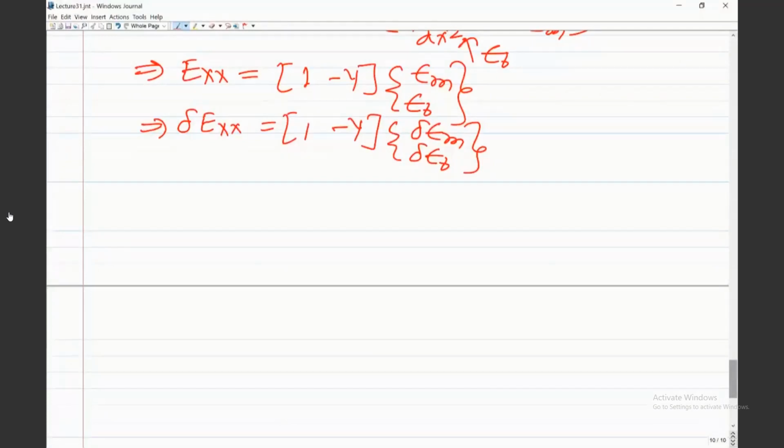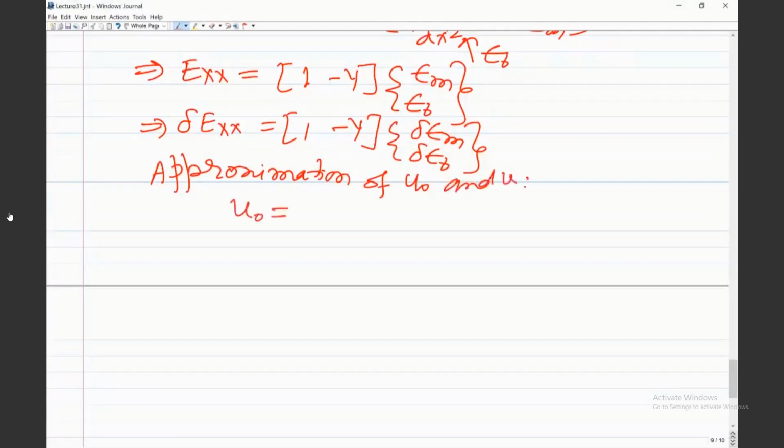Now if you want to write the element level governing equation, let me first give you the approximation of u naught and v. So u naught we are going to interpolate using the linear interpolation function: n1 into u naught 1, the way we did for the truss element, plus n2 into u naught 2, where n1 is 1 minus x by l, and n2 is x by l.